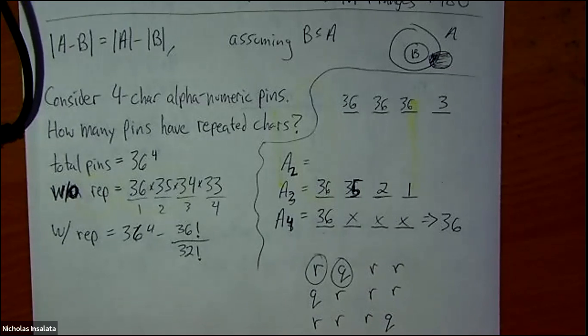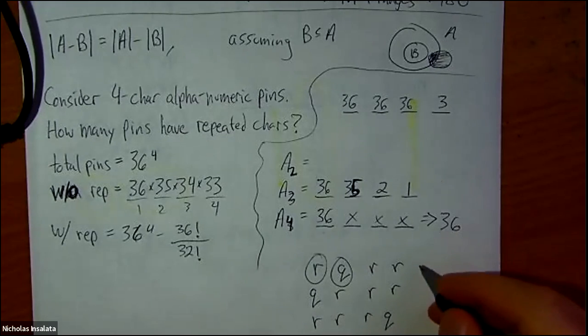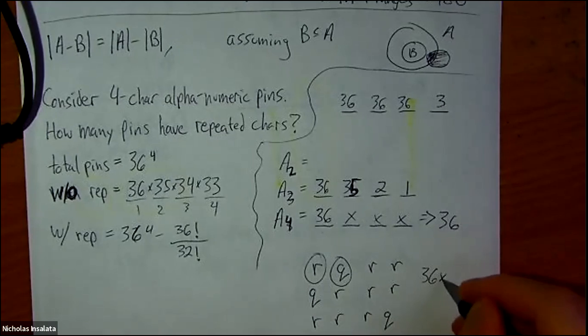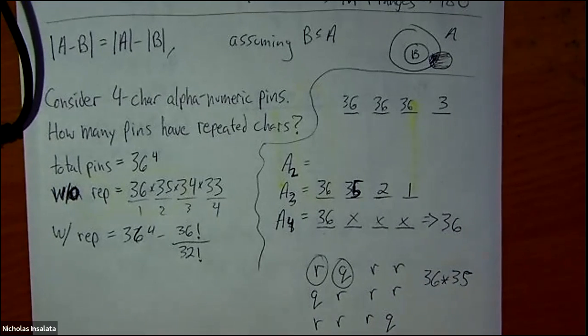So they do have to be different. So we'll have 36 times 35 to start off with. And then the other thing that we're choosing, right, is what? Besides which R and which Q, what's the other thing that we're choosing?